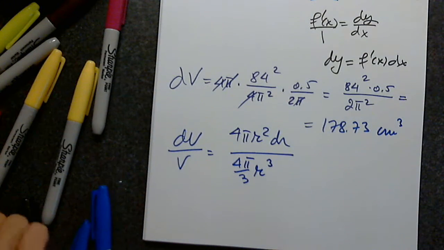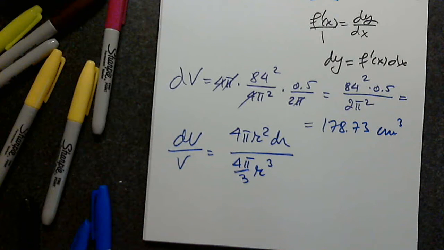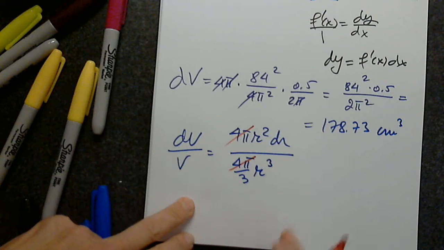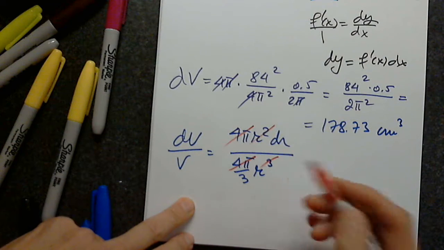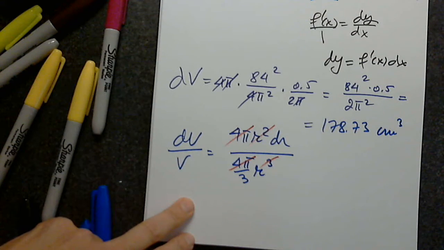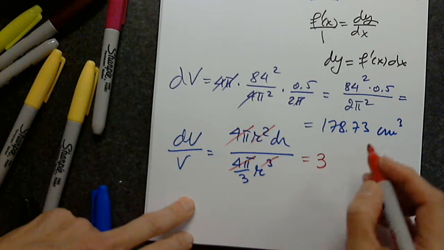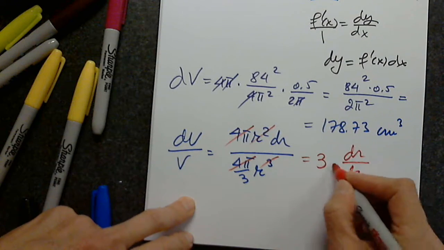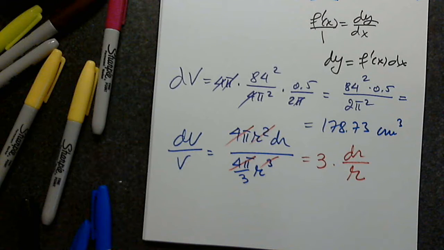For the same purpose, because I'm more interested to see what the relationship is. So 4 pi with 4 pi will go away. An r squared with an r squared from the bottom, I flip, and look what this is. So the relative error in the volume is 3 times as much as the relative error in the radius.